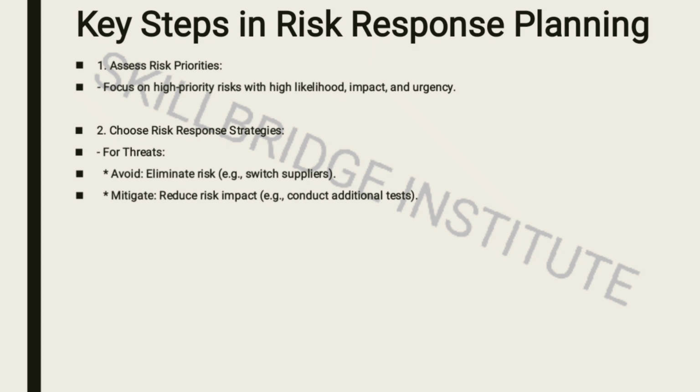Another thing on threats, you need to mitigate the threat. Let's say there is a certain risk, a threat. You should try to make sure that particular threat is mitigated. On that one, you should try to reduce the impact.